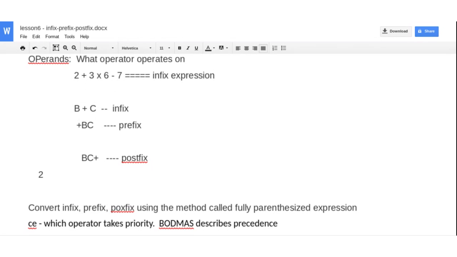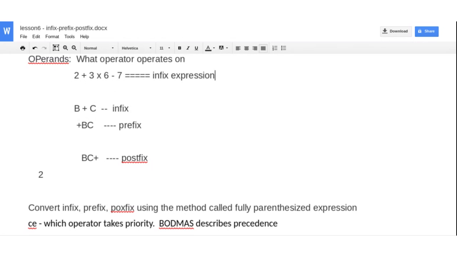So we should start at the multiplication: 3 times 6 gives us 18, 18 plus 2 is 20, and then 20 minus 7 is 13.